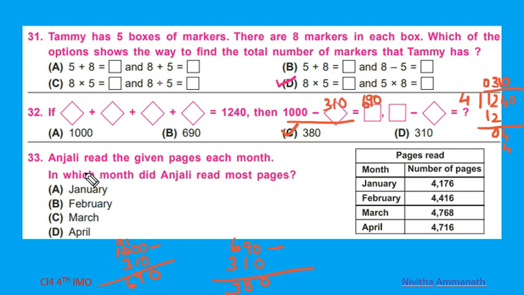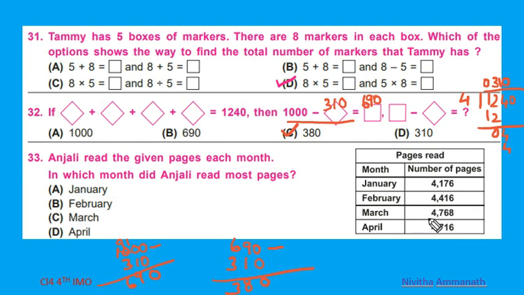Next one, Anjali read the given pages each month. In which month did Anjali read the most pages? January 4176, February 4416, March 4768, April 4716. How do we find the most pages, that is the greatest value?